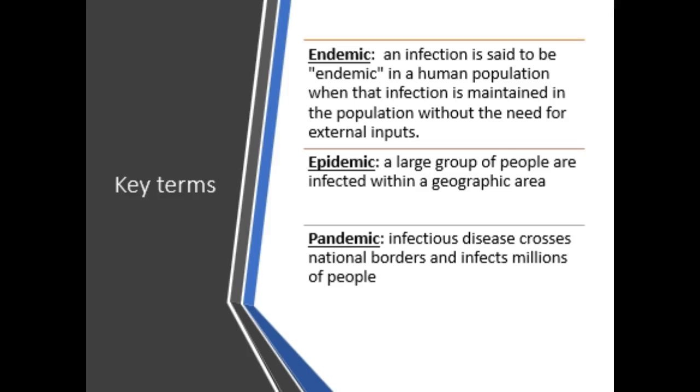So for example, there's an endemic level of the flu. We know that the flu happens during certain times of the year, and we do take precautions, but until a large group of people are infected within a geographical area does it become an epidemic.